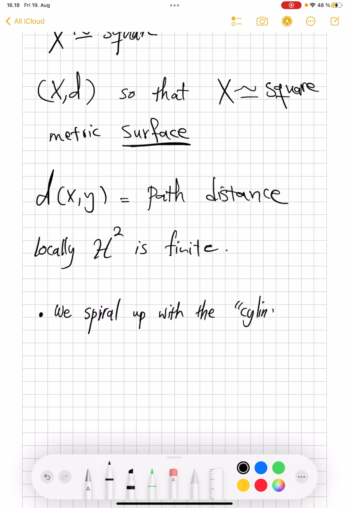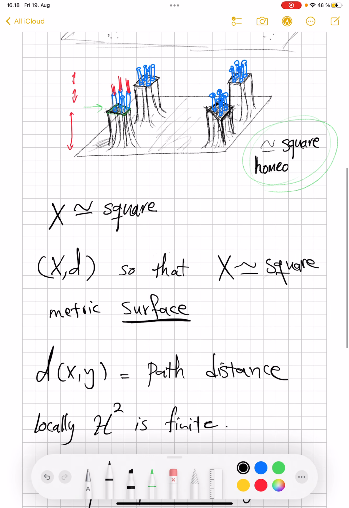So these vertical cylinders that I had, instead of just going straight up, maybe you, so this is this removed square, you move up instead of going straight up. So maybe you do some twisted thing. So it's still a tube, but it twists and winds up until it gets there.